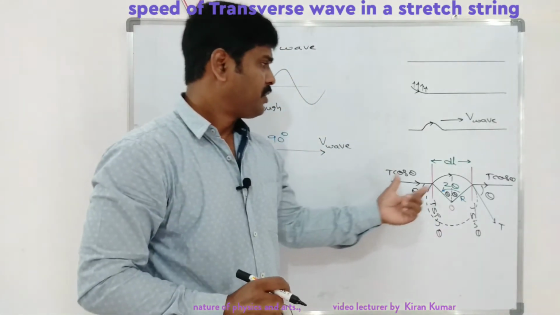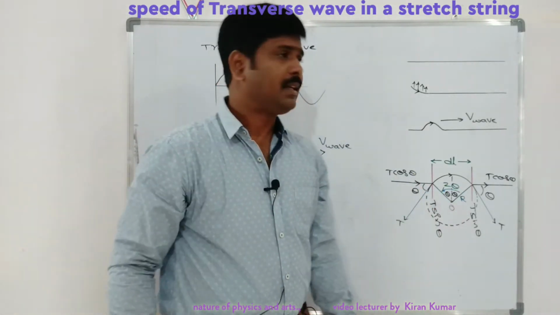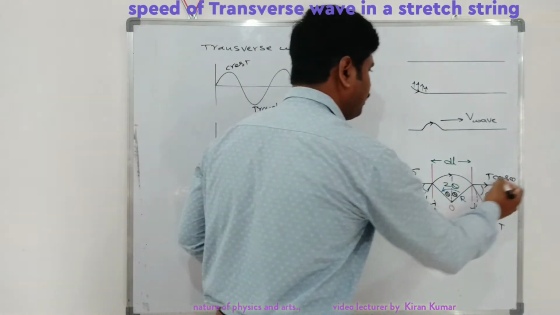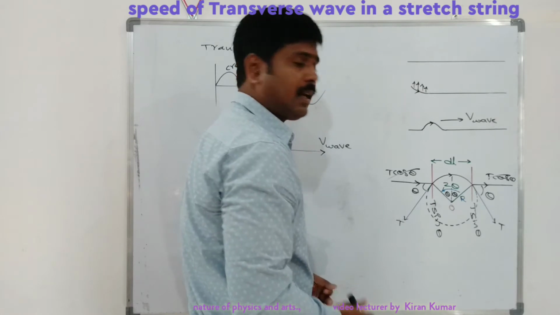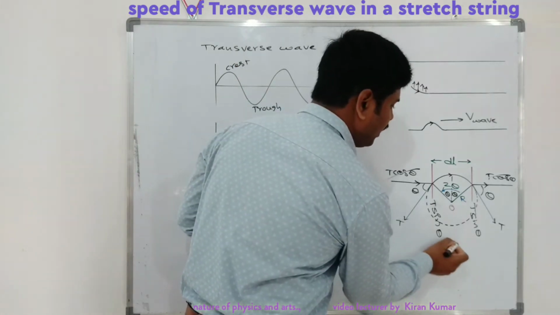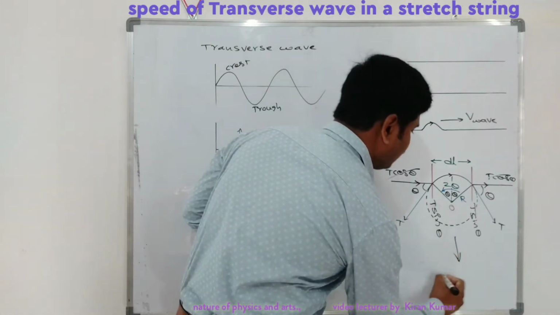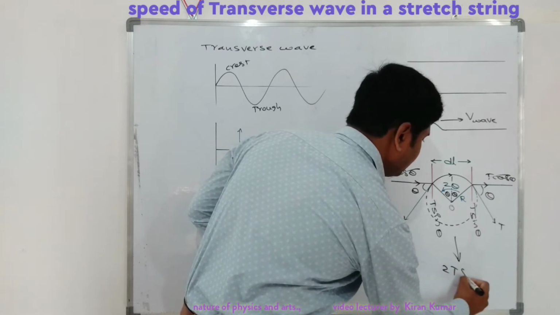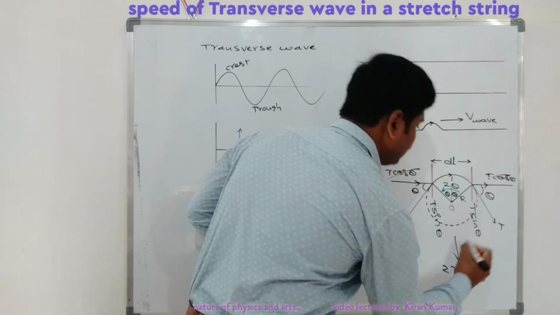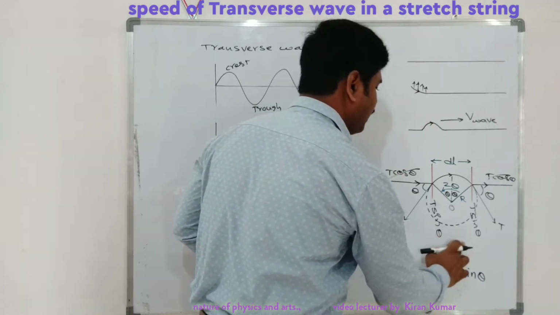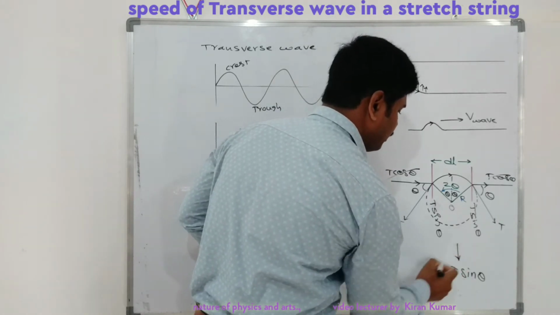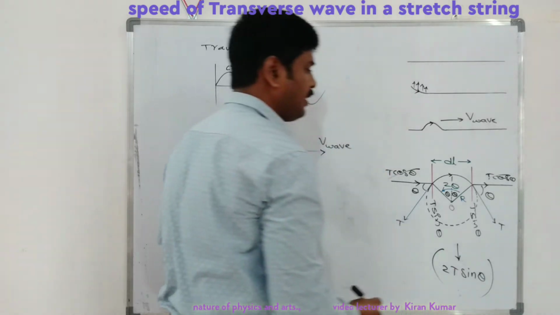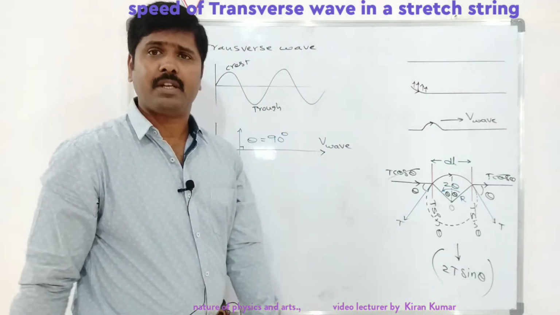Here the T cos theta components get cancelled, both are equal in magnitude and opposite in direction. The T sin theta components add up, so finally what is acting in the downward direction is 2T sin theta. Try to understand step by step.